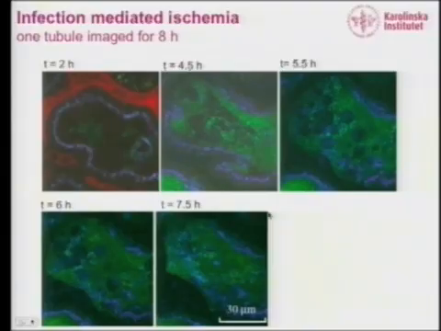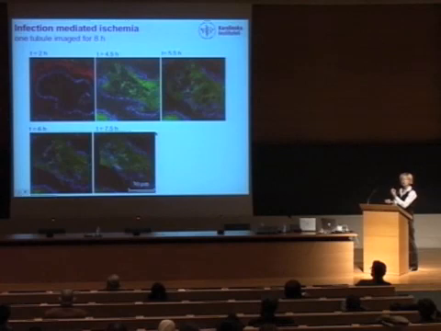So we then imaged one tubule over time, which is shown here, where the same tubule is imaged from 2 to almost 8 hours. And you notice that now bacteria start to multiply, and with time, all these round dark areas, which contain lots of blue, appear in the lumen.